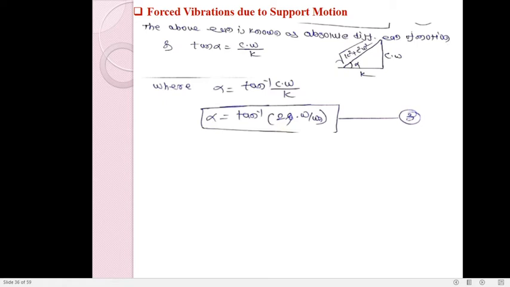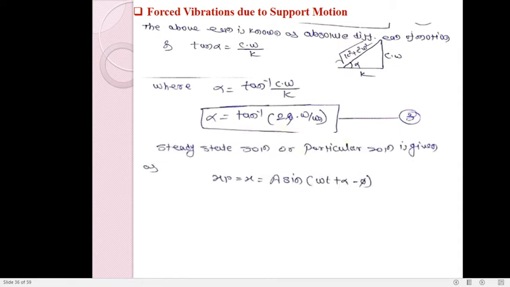If you remember, when we discussed damped vibrations in unit number 1, for this quantity c omega upon k we got the value 2 xi omega upon omega n, after some formulations and operations. So we write c omega upon k is equal to 2 xi omega upon omega n, and we give this equation number 3.